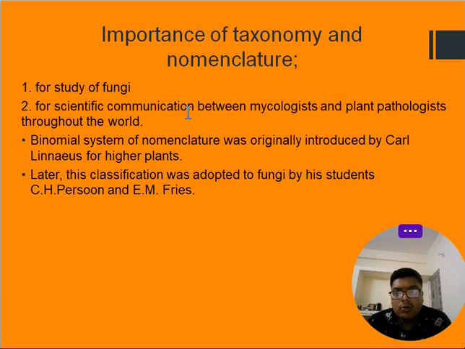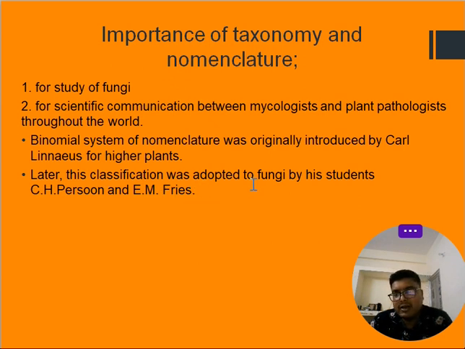And who gave the concept of the binomial system of nomenclature? The binomial system of nomenclature was originally introduced by Carl Linnaeus for higher plants, to study their classification and characteristics. This is a very important question that you should know. Later this classification was adopted for fungi by his students, C.H. Persoon and E.M. Fries.